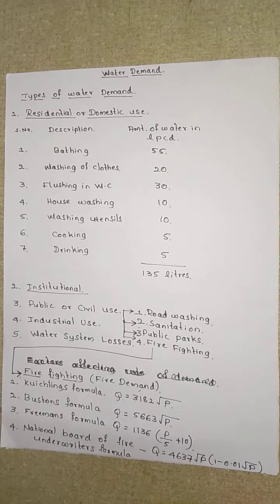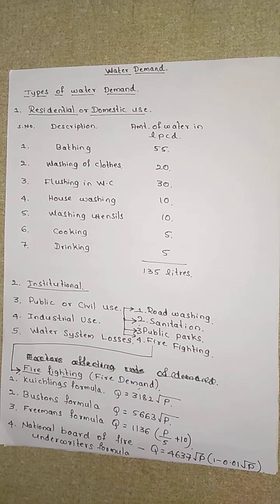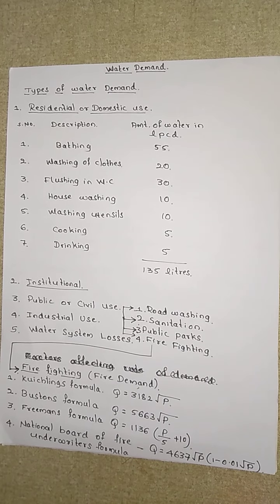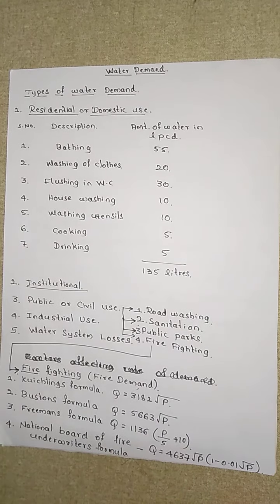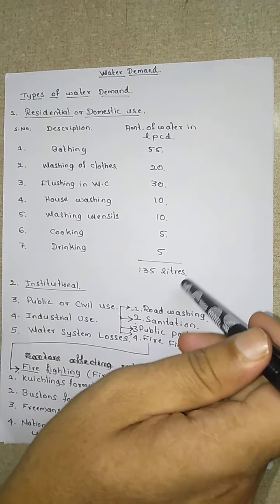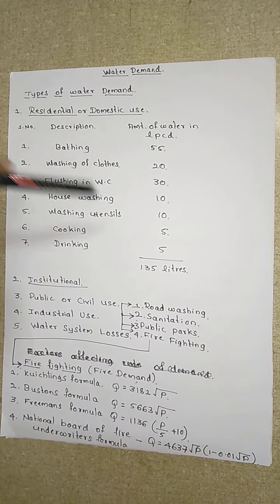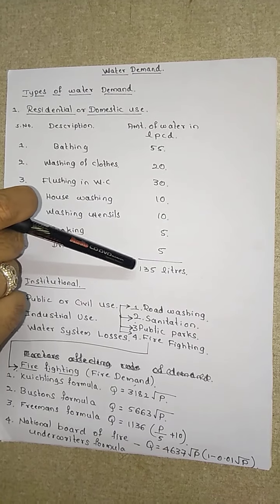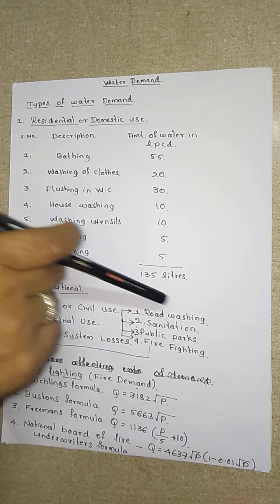The provisions according to the Indian standard, IS 1172-1957, recommend that according to Indian conditions we require around 135 liters of water per person per day. This is per one person. In Indian conditions, the amount of water required per person is 135 liters. So this you need to remember.